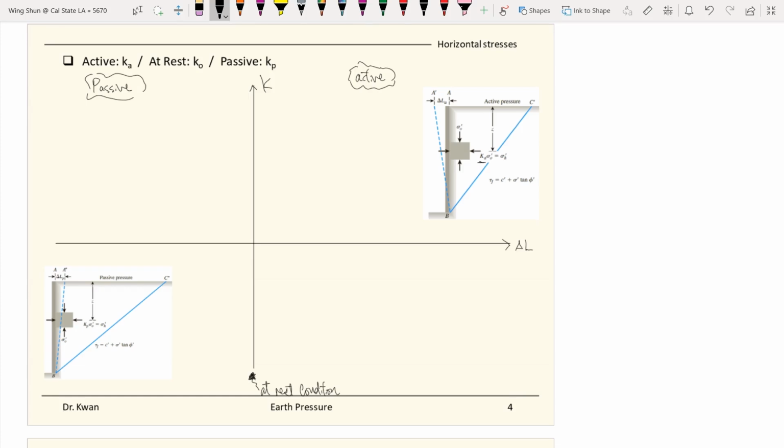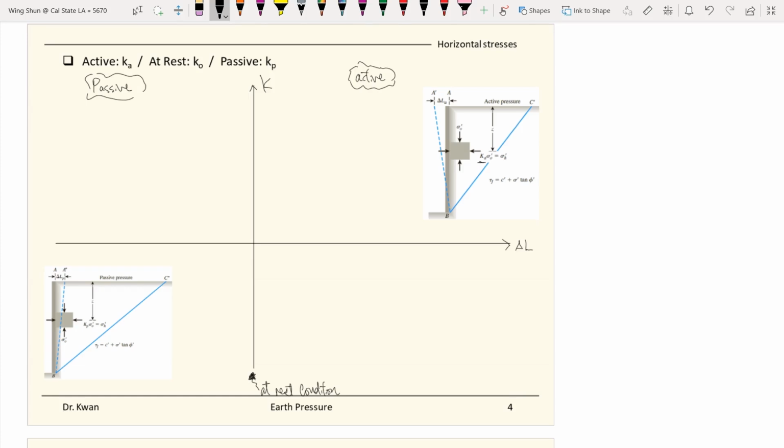What kind of scenario, what kind of displacement or performance of the wall are you expecting? If you are expecting the wall will move away from the soil, then you need to design for the Ka conditions, the active conditions.